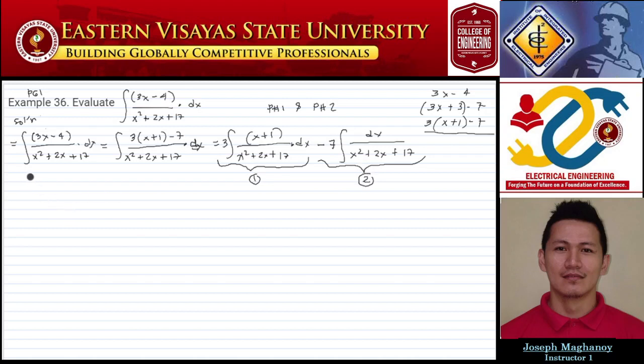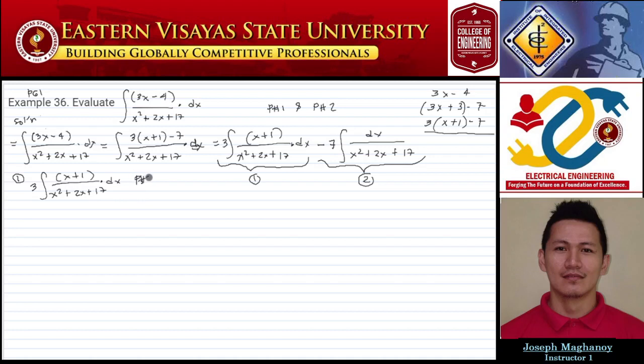So we need to utilize our space. Okay. So for x plus 1 over x squared plus 2x plus 17, we determine our correction factor here.